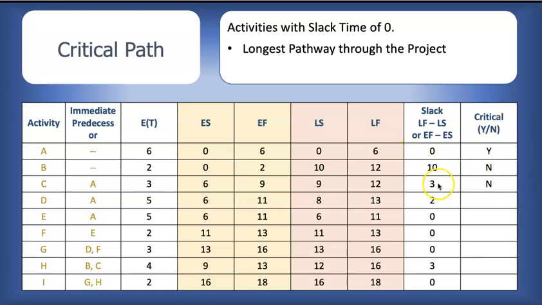B, no, no, no, yes, yes, yes, no, yes. So identify those with 0 as yes. So we can now state our critical path as activity A to activity E to activity F to G and then to activity I. So we have our critical path and it's all done to the table.